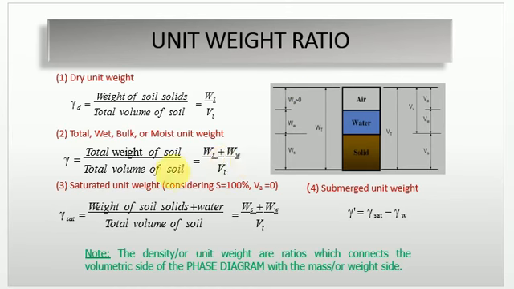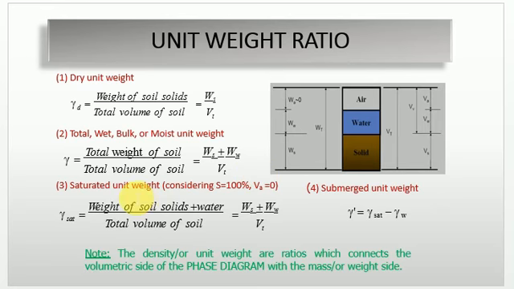If you put the total weight of soil sample as Wa plus Ww plus Ws, then substitute the value of Wa equal to 0, it becomes Ws plus Ww upon Vt, total volume of soil.